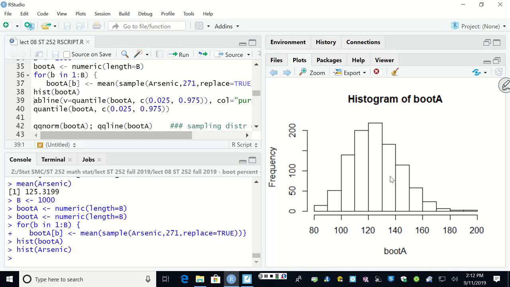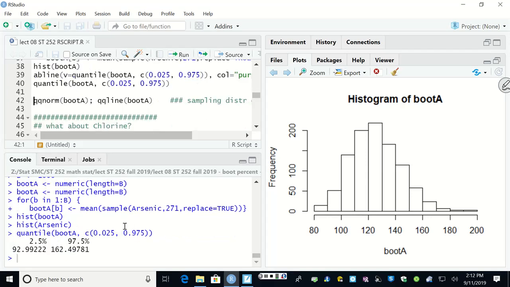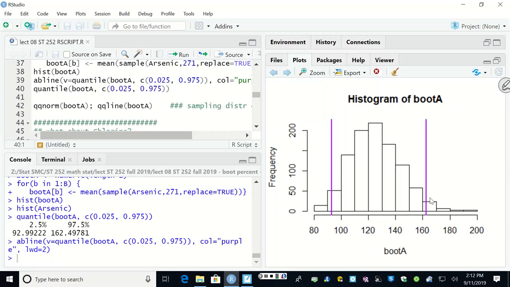So our interval, if we take the 2.5% point of this distribution and the 97.5% point, that gives our interval. If we illustrate that, purple this time, this is our 95% interval from that simulation.